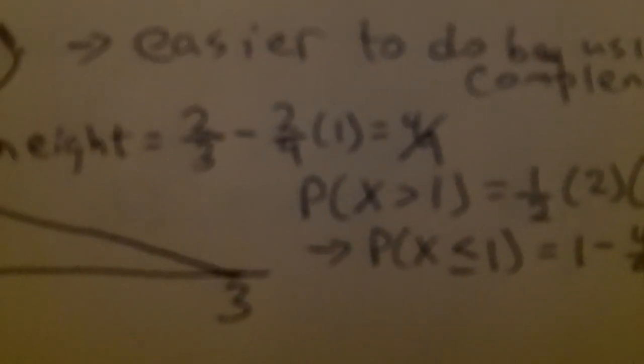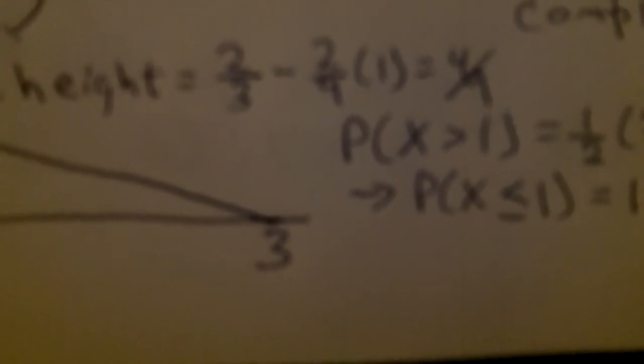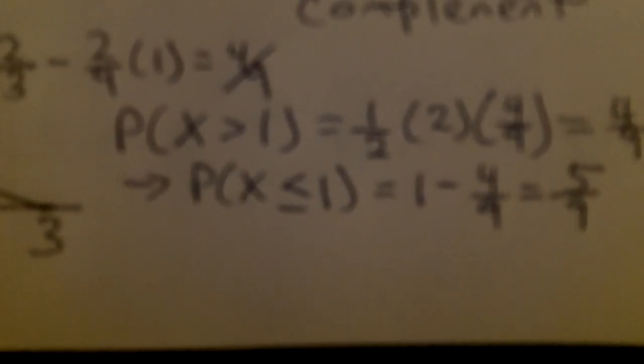Our line here is at 1, and so the height that we need there, we're going to plug 1 into our expression up at the top again. So 2/3 minus 2/9 works out to be 4/9. And so the probability that x is greater than 1, we'll plug that in: 1/2 again times the length.